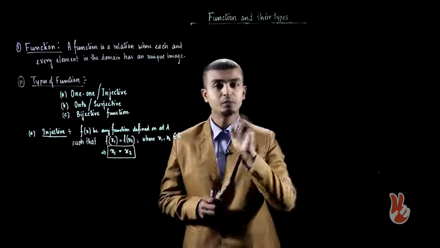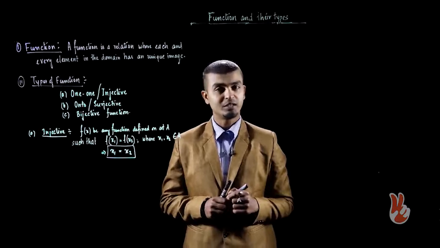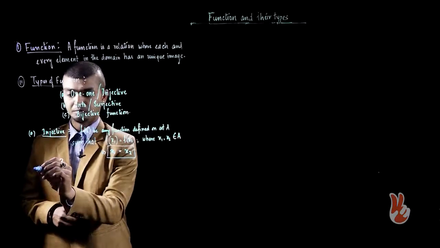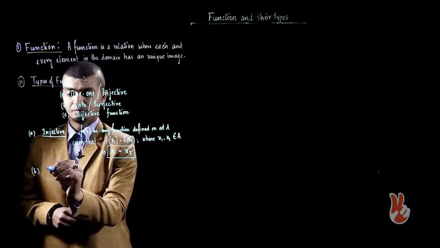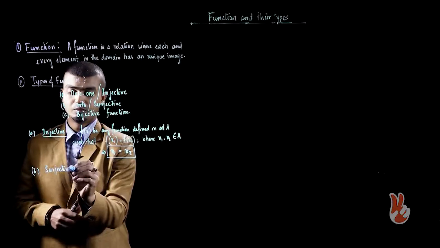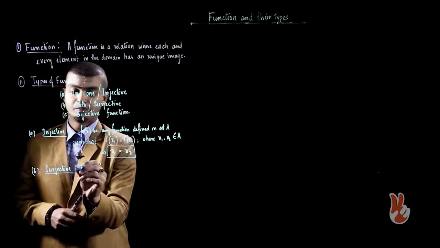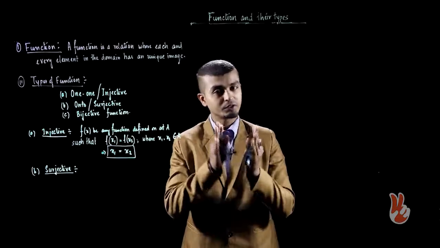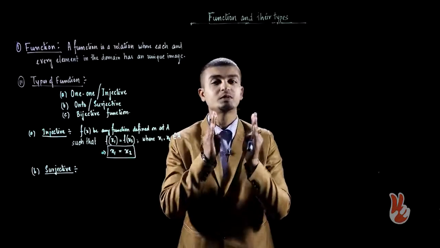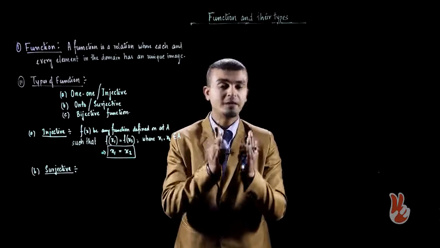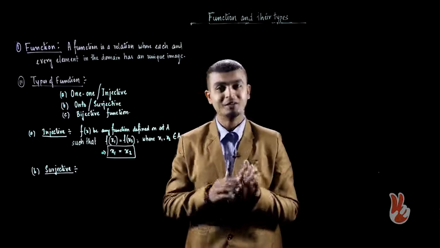Number 2 is your surjective function, or it is said to be onto function. Surjective. So in very simple words, just try to remember that a function is said to be surjective or onto if the range is equal to the codomain.